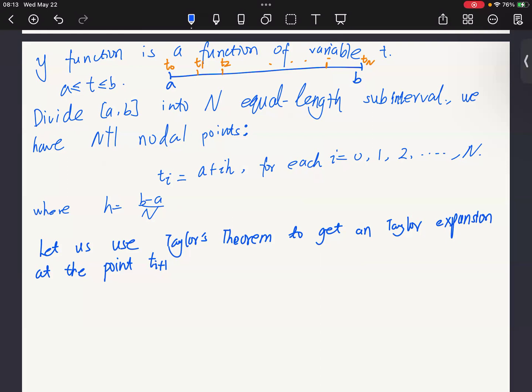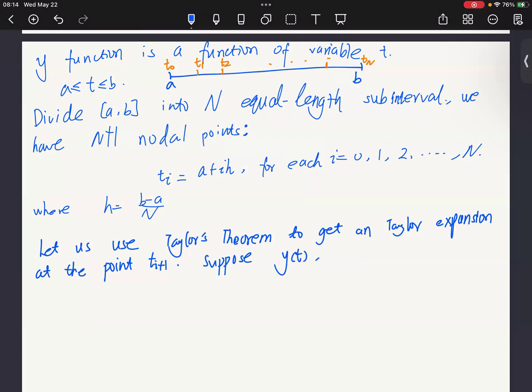We had some assumptions on the f function just now, but here we make some assumptions about the regularity of the y function.